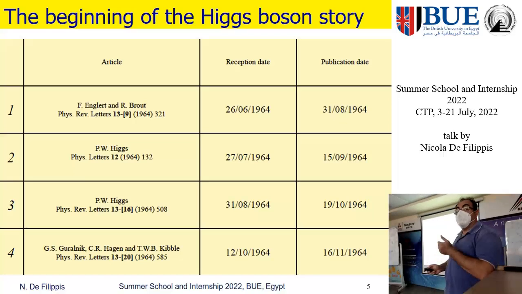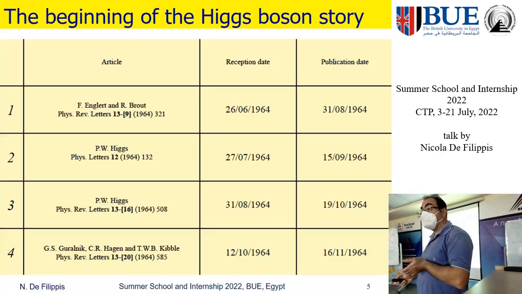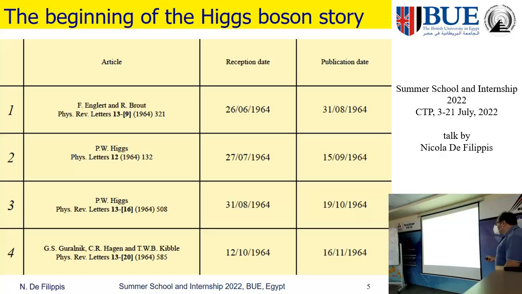So it took more than 50 years to discover it. Those people are still alive, Higgs and Englert. Brout died before the discovery, essentially. And they are very old. They are more than 80 years old.